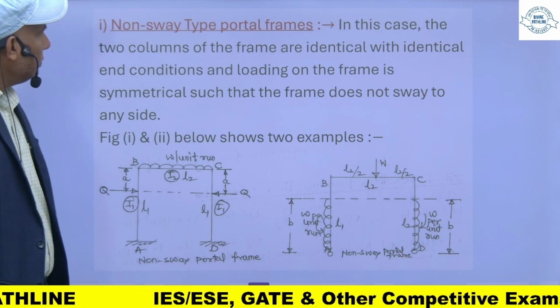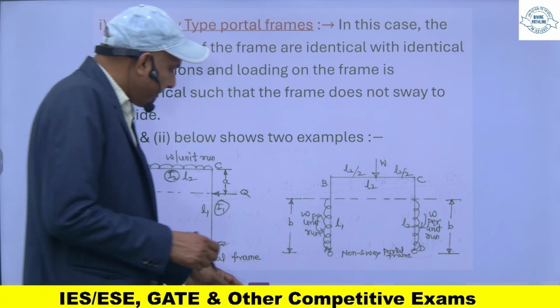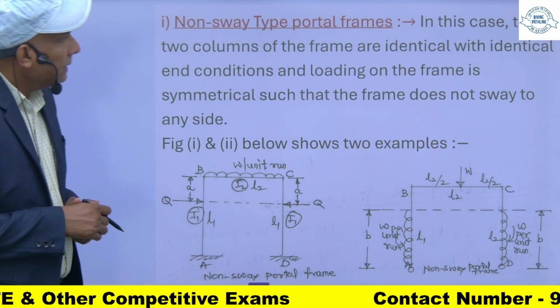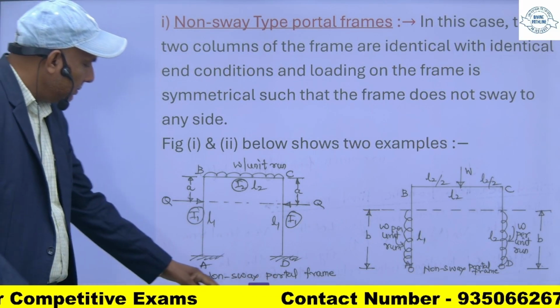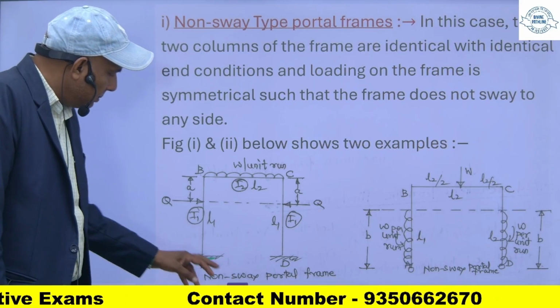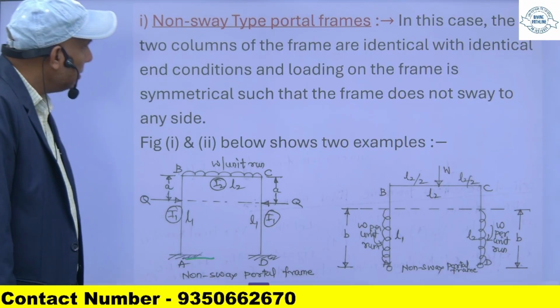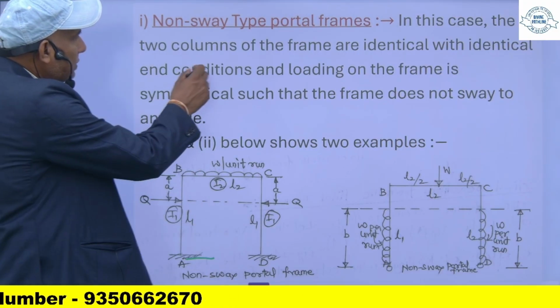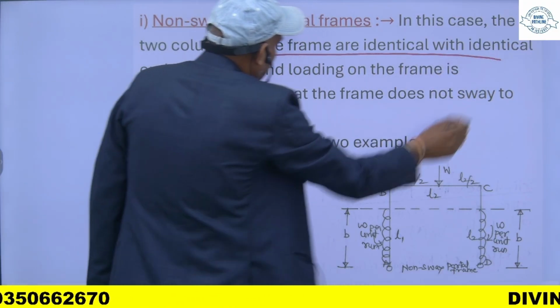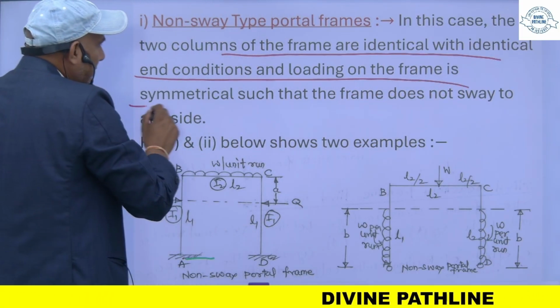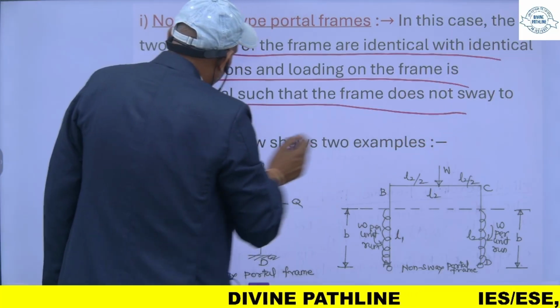Now, non-sway type of frame. In this case, the two columns of the frame are identical with identical end conditions, and loading on the frame is symmetrical such that the frame does not sway to either side.